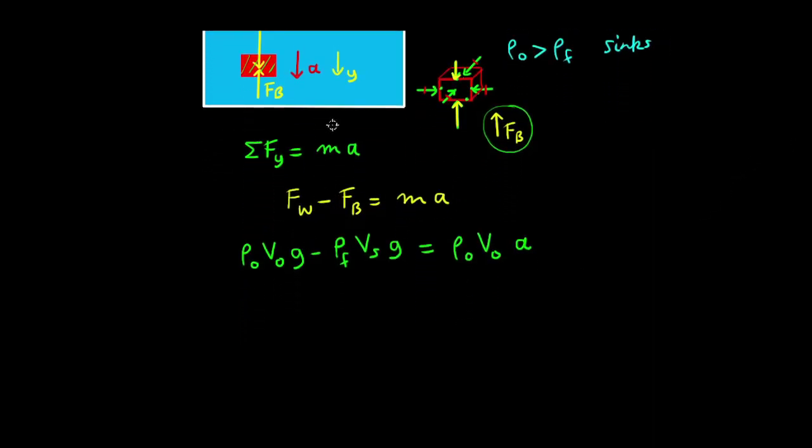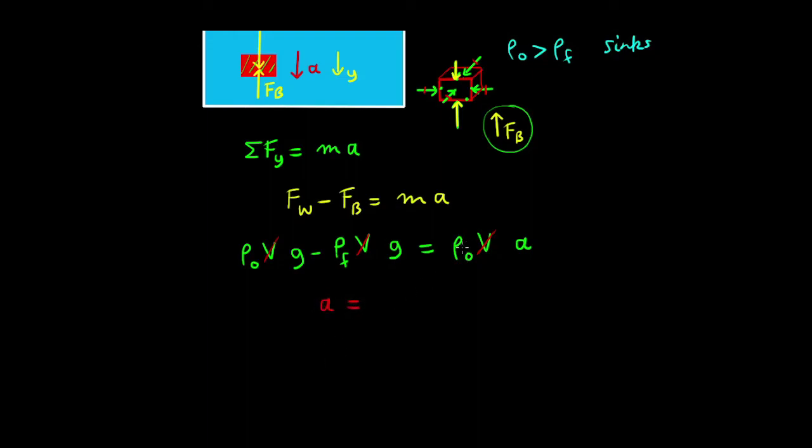And in this case, the volume of the object is equal to the submerged volume because the object is entirely submerged in the fluid. So therefore we're going to get a cancellation of the volume, and we can solve for the acceleration.